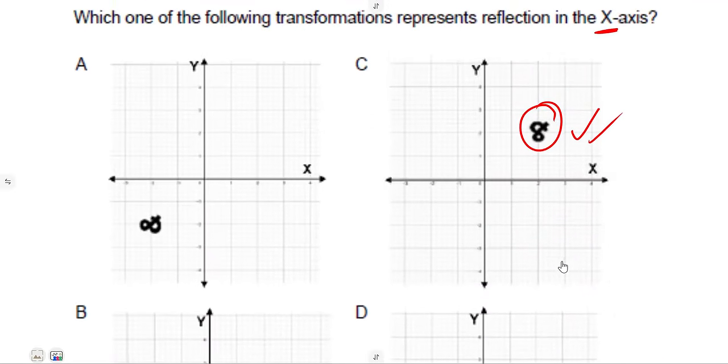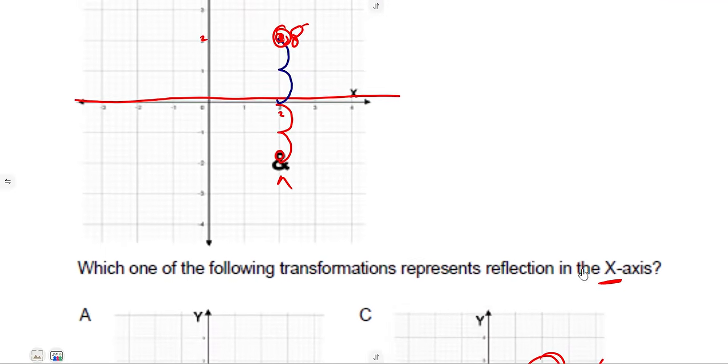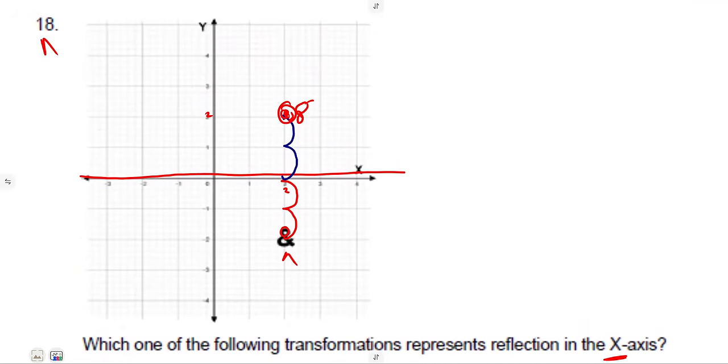A reflection in the x-axis. Let me give the best description that we can use. So let's say we've got something like this. This is what we are trying to say.